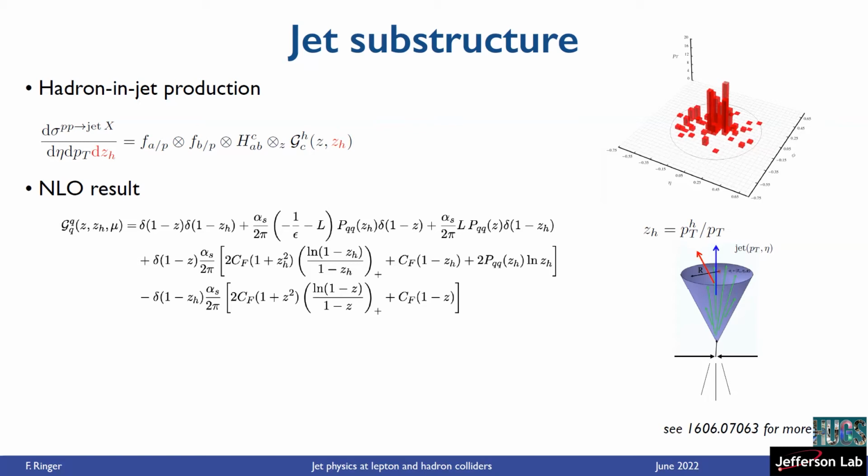So this is the longitudinal momentum fraction. It tells us how much of the total jet transverse momentum is carried by the hadrons in the jet. So it's now a more differential measurement. I just switch out the jet function. That's not written as curly g, but it's the same thing where I now have the dependence on two variables, the z and also this additional jet substructure measurement.